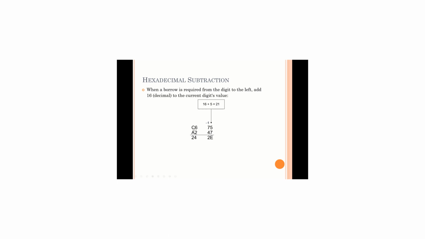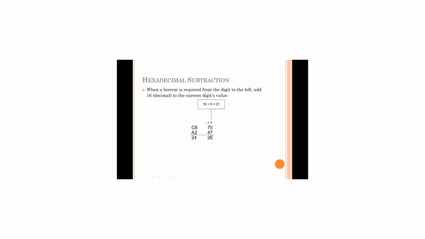C is what? Well, C is 12, right? A is 10, B is 11, C is 12. So C minus A, which is 10, you get 2. So it's 24. What about 75 minus 47?